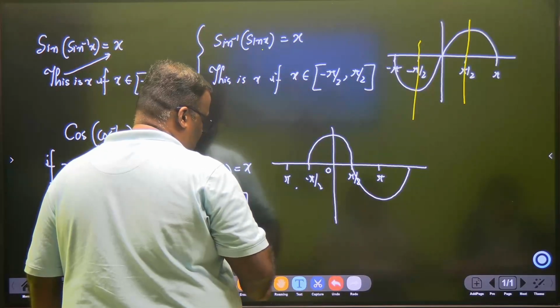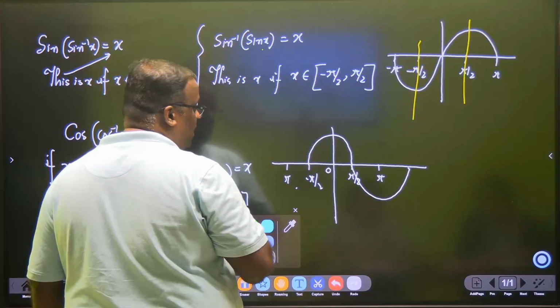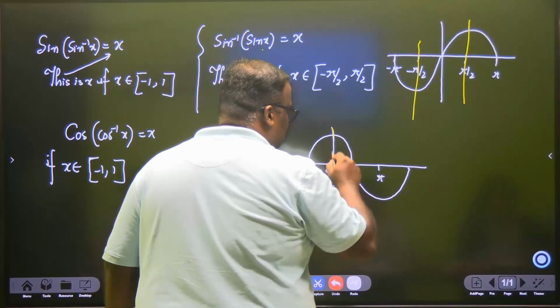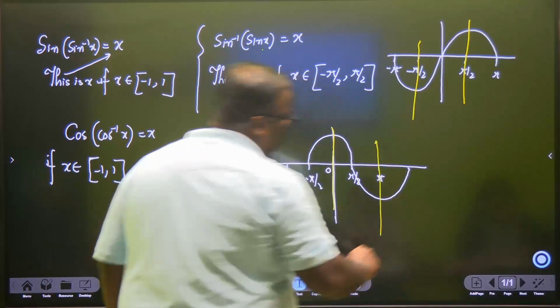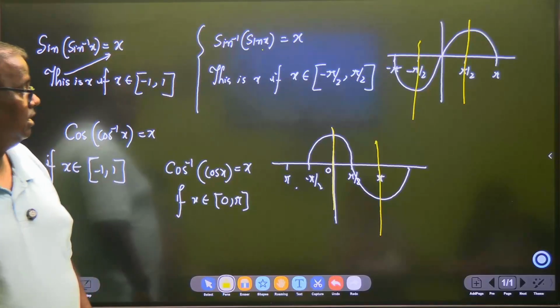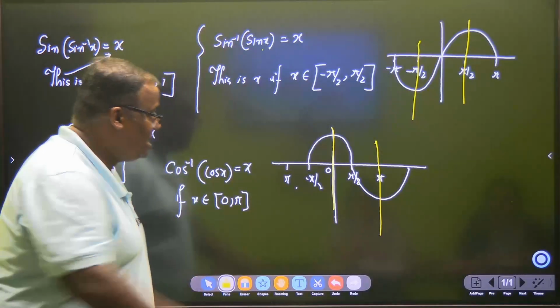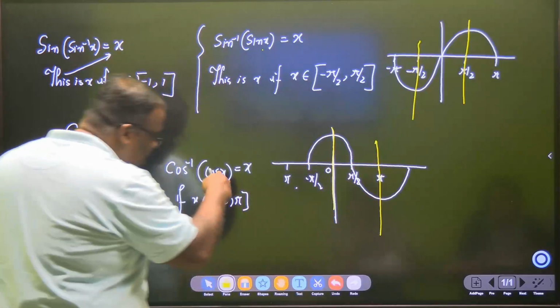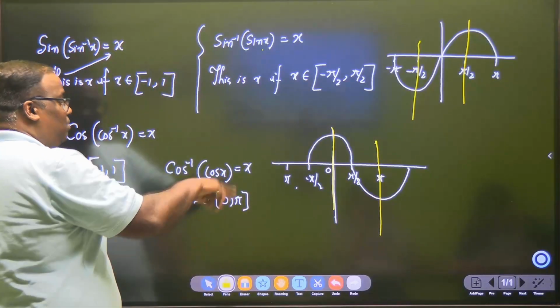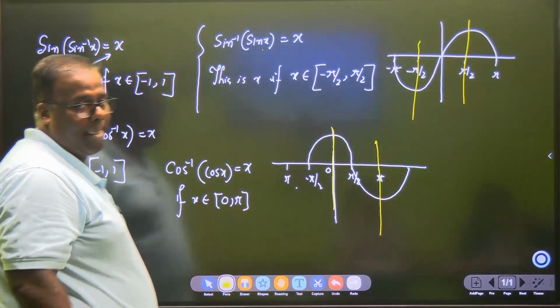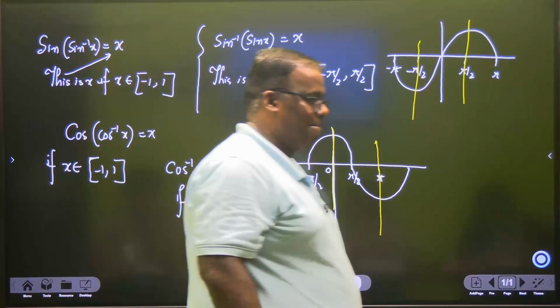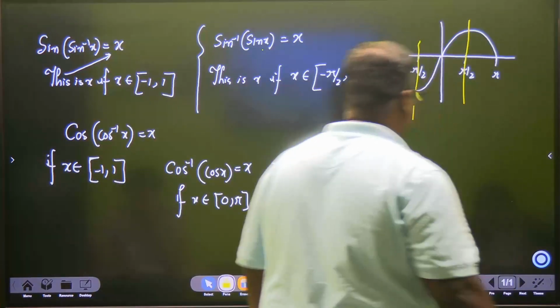If we are supposed to use a cos function and make it bijective, we make it bijective from this range 0 to pi. Here the function will pass the horizontal line test. This is the input, and the input becomes the range. This will again reinforce your thought process.